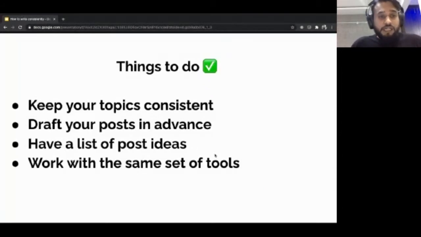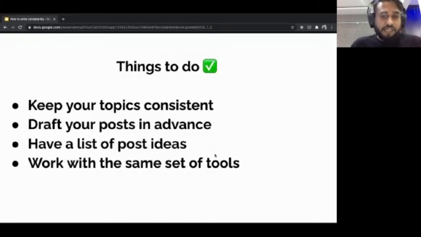So having a list of ideas is also one thing that helps you plan and helps you draft your posts in advance. You can't sit every day and brainstorm about new topics or break a bigger topic into its subparts to make different blog posts.